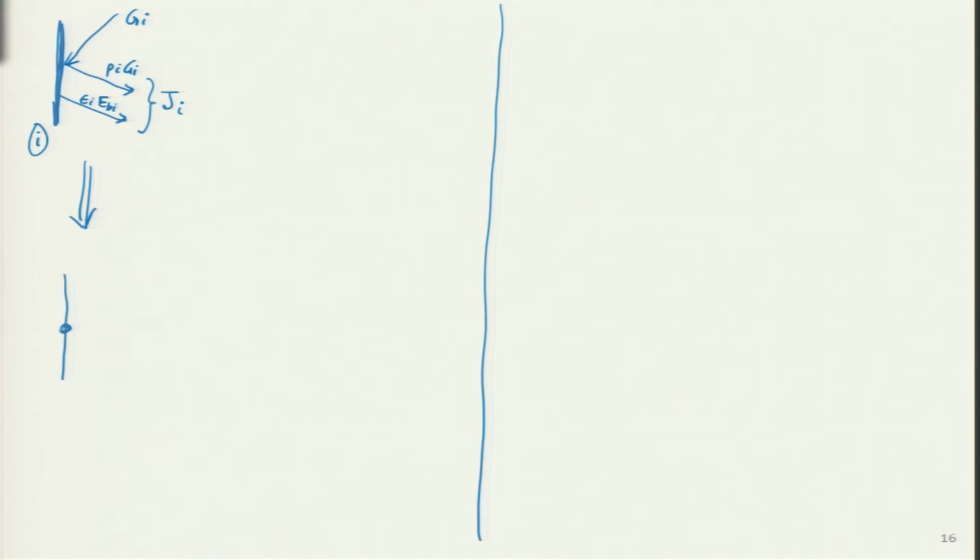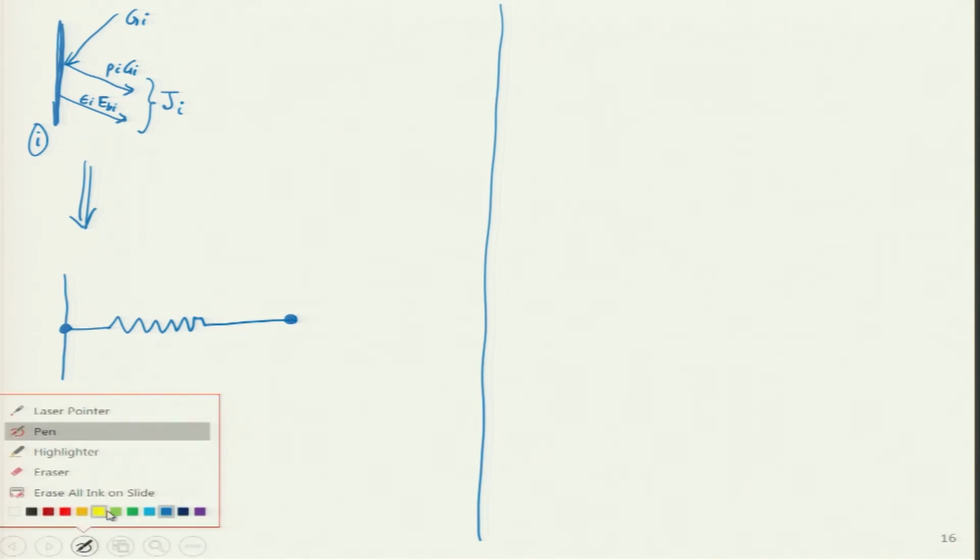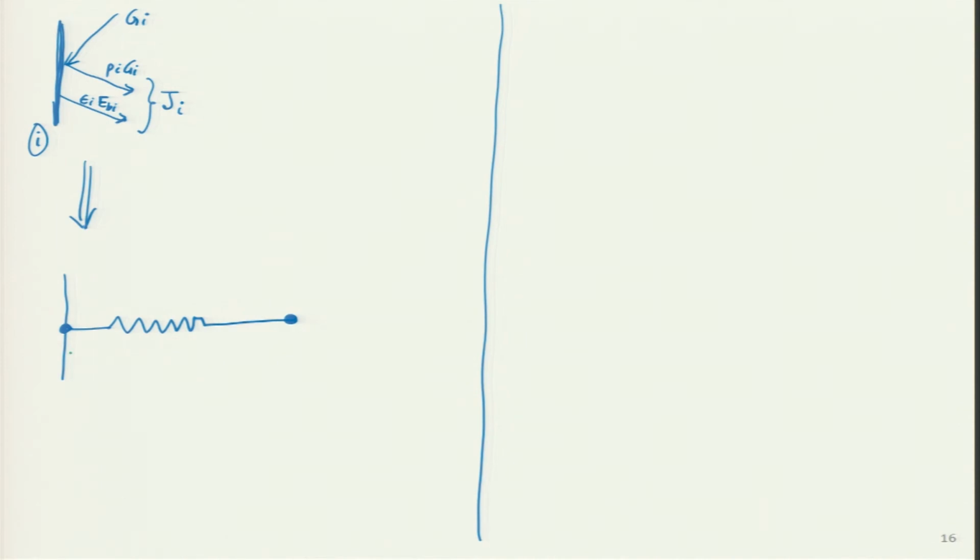There is a node for voltage, then there is some resistance, then there is the other voltage. This is how an electrical resistance network looks. Let me put some labels: the higher voltage is going to be EBI, for surface I, and the lower voltage is Ji.